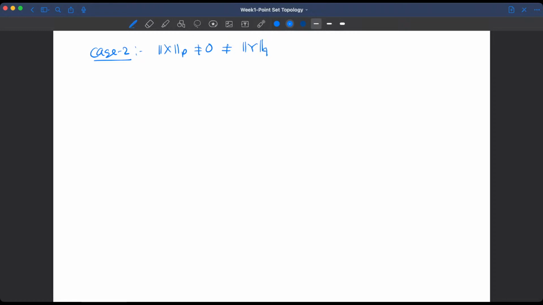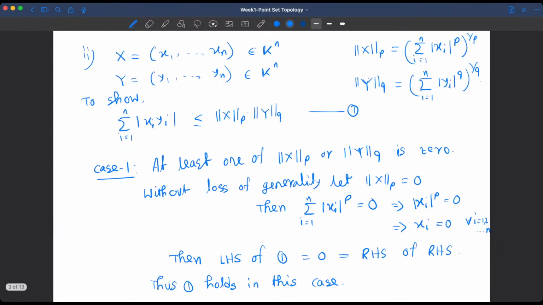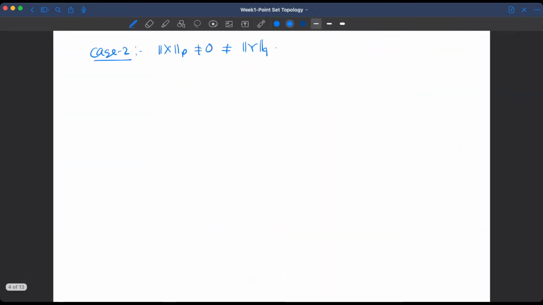Don't confuse the notation, because I'm not saying that the norm x p is not equal to the norm x q, but I'm saying that each is not equal to 0. So now showing this inequality is the same as dividing this thing on the left, right?